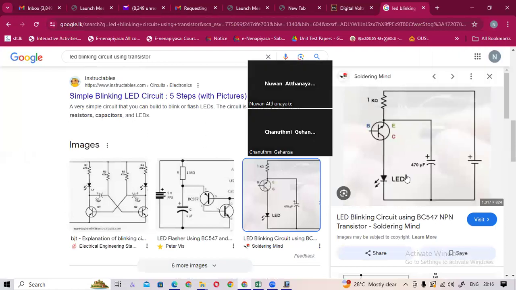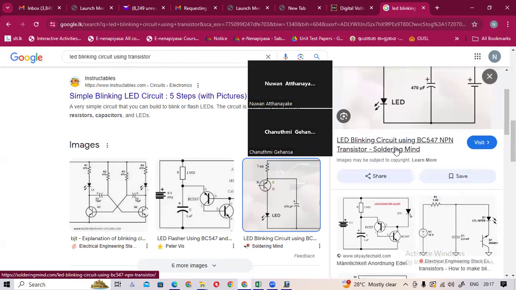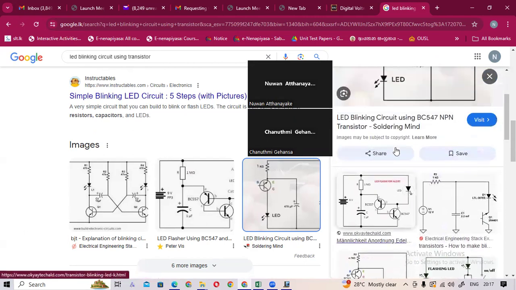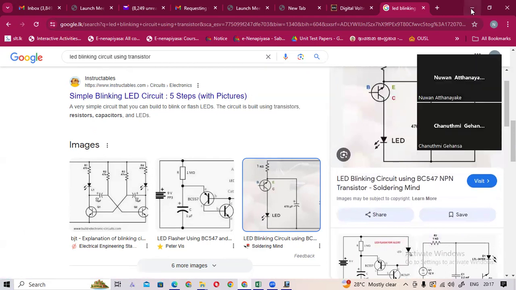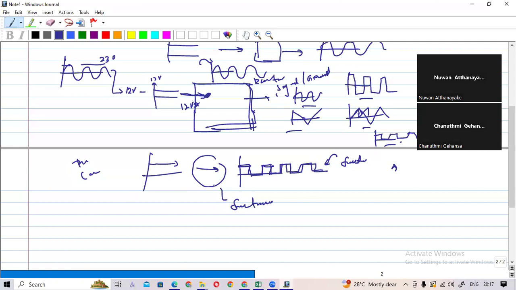Here we have an on-off signal. Very simple, charging and discharging happen. Maybe this is not correct, I'm not sure, just check. Anyway, this is a simple signal generator. That is the idea I want to give you.